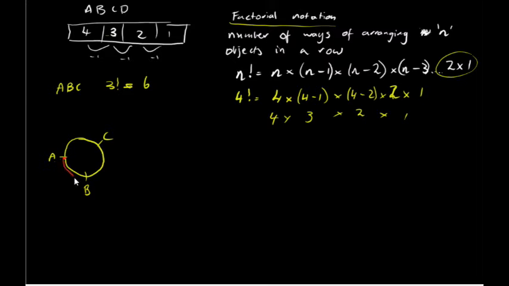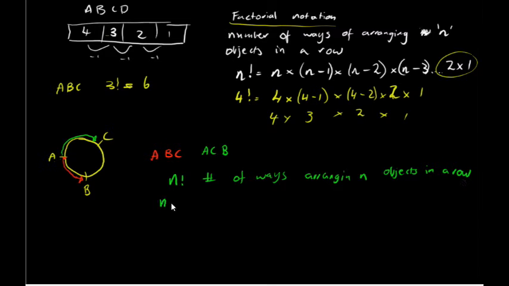Starting at A, going clockwise, it's A, B, and then C. However, if I went anti-clockwise, it's A, C, and then B. So there's only really 2 different ways that I can do that, and that would be similar for larger numbers as well, if we had A, B, C, and D, etc. So n factorial is the number of ways to arrange n objects in a row.